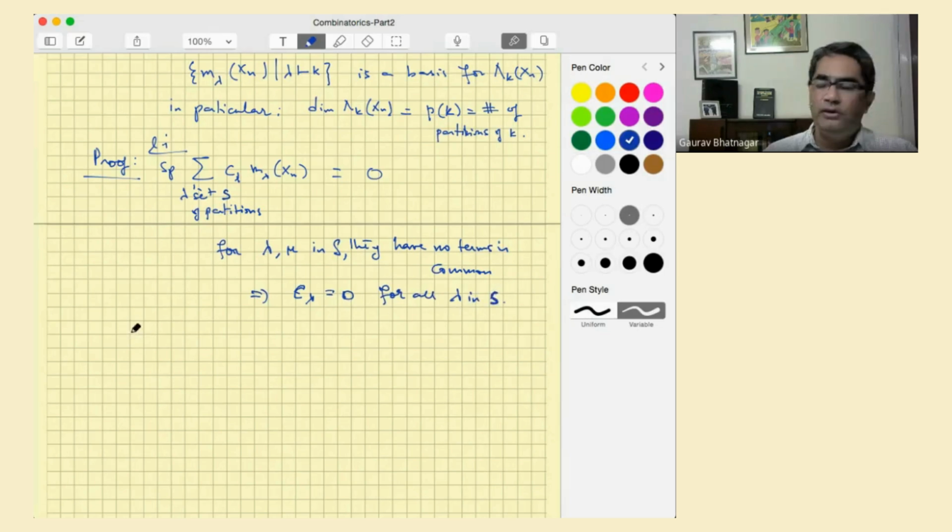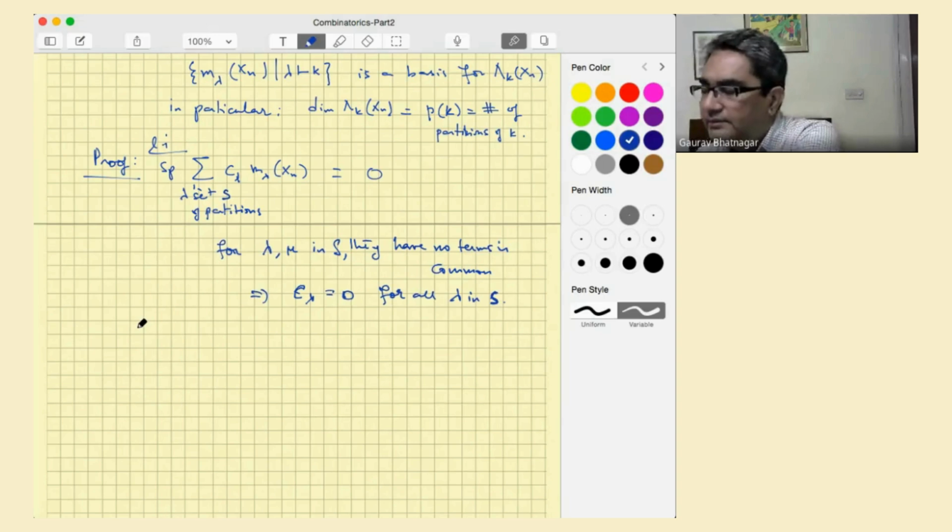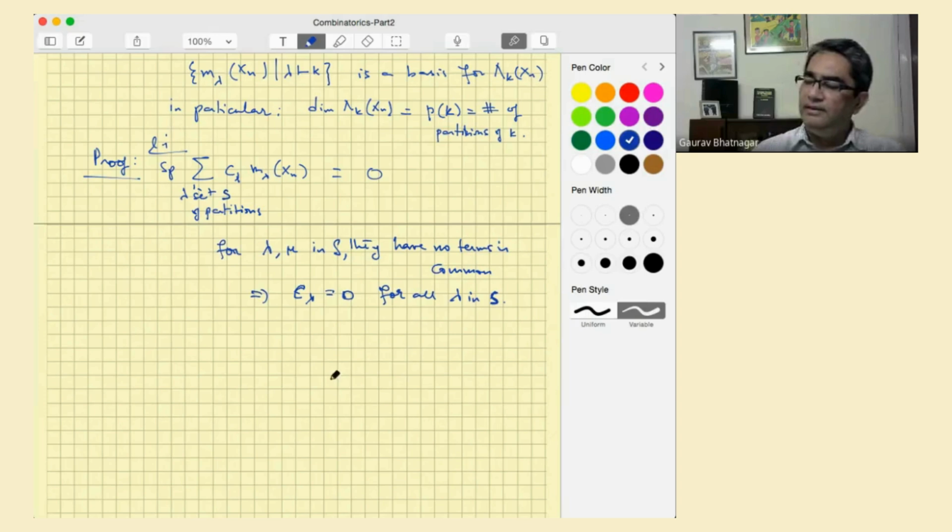Let me do an example. Let's say C21, and we're just taking n equal to 2. So x1 squared x2 to the power 1 plus x1 x2 squared, plus let's take another one, which is this, 3.